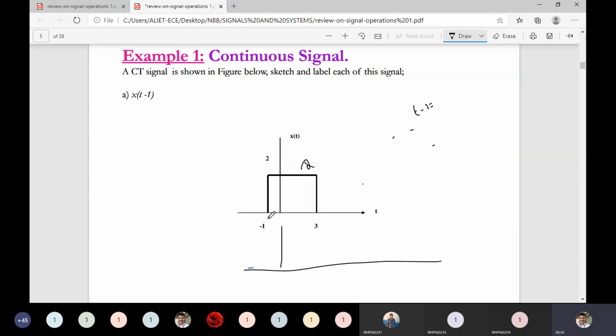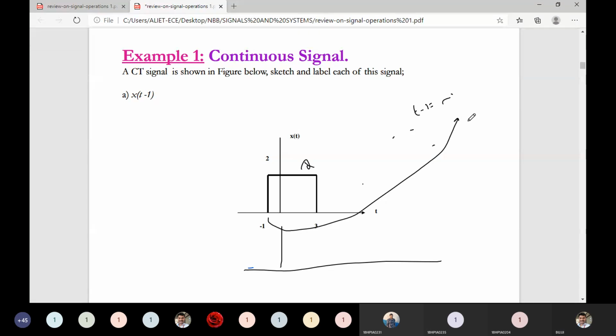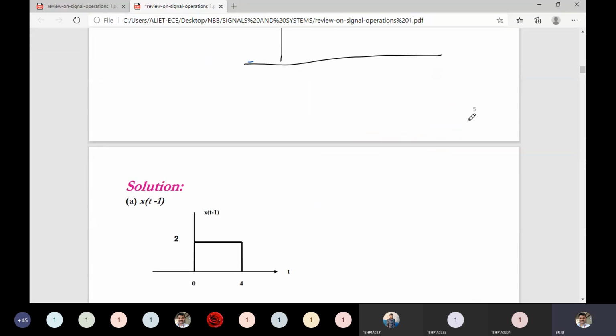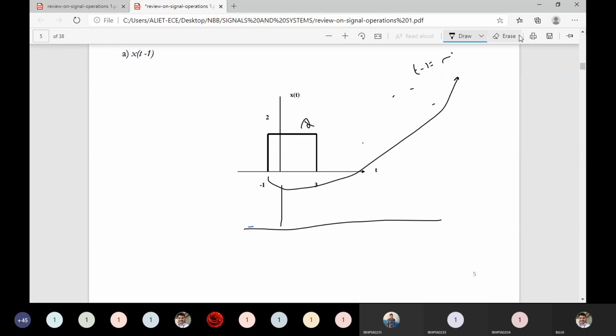First of all, this point becomes where? T minus 1. A negative part means it is shifting to the positive side. 1 unit is shifted.